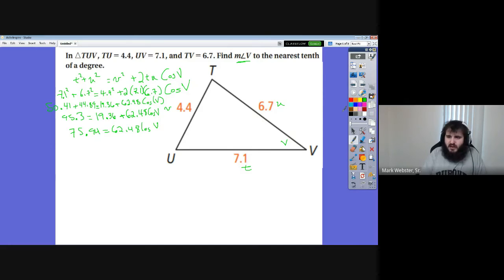So now let's clean these up. So I've got to figure out what 2 times 7.1 times 6.7 is. Two times 7.1 times 6.7 is 95.14.